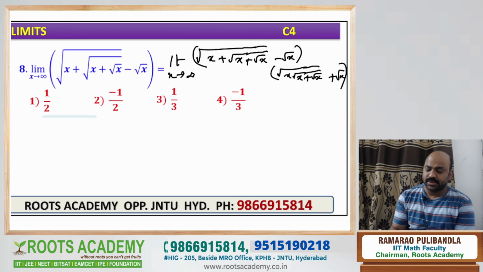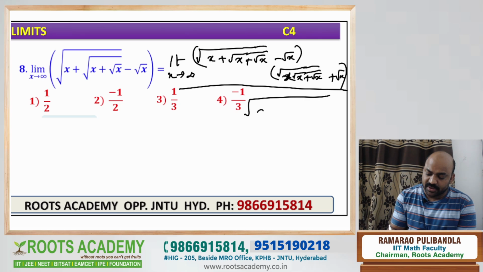Are you getting what I'm writing? Divided by root of x in, here it is x plus under root of x plus root x.